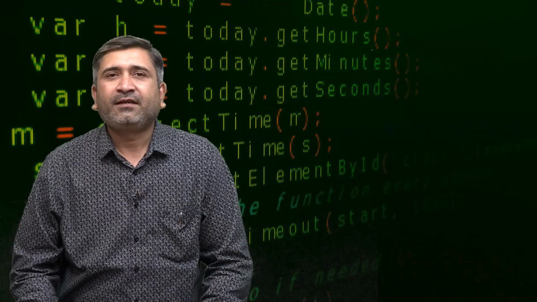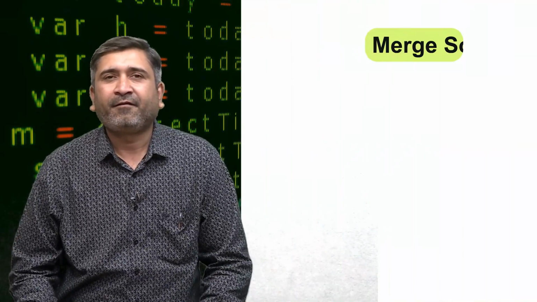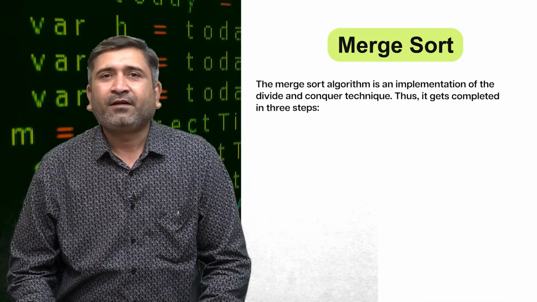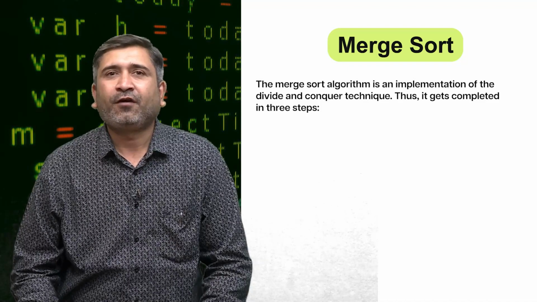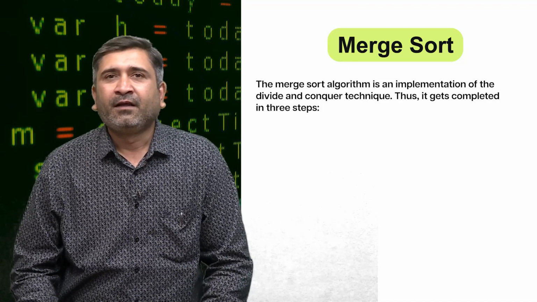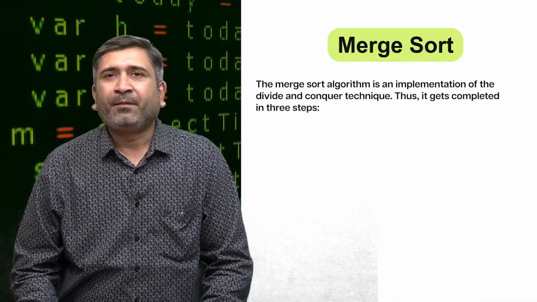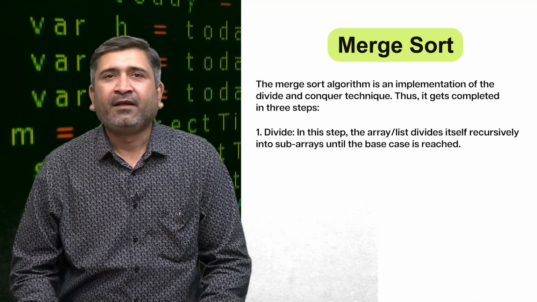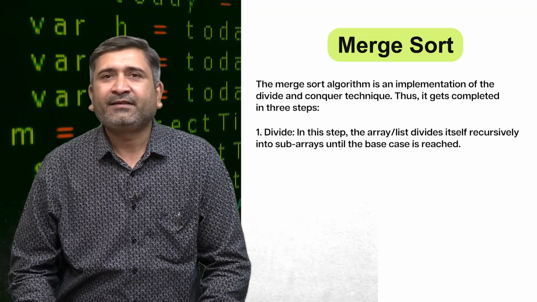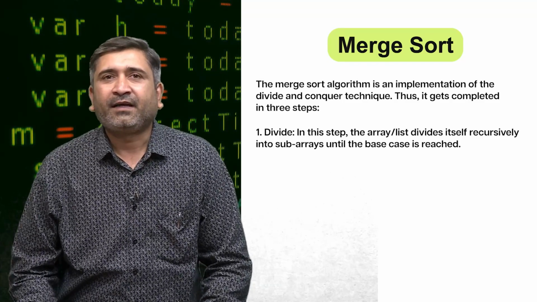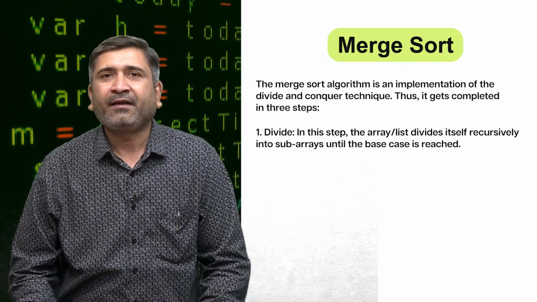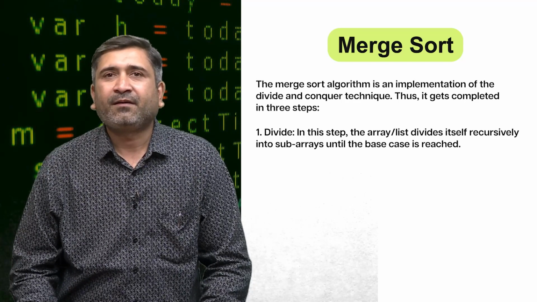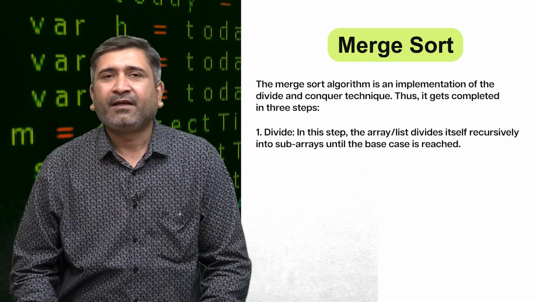This is the standard definition we have described. The merge sort algorithm is an implementation of the divide and conquer technique. Thus, it gets completed in 3 steps. The first step is divide. In this step, the array list is divided recursively into sub arrays until the base case is reached.